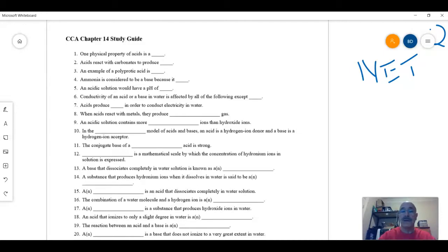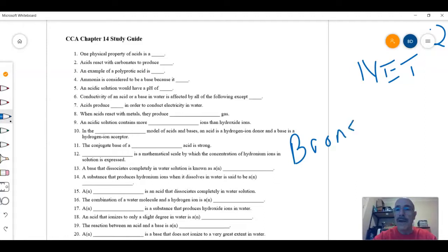Okay, let me show you how it's written. Bronsted-Lowry. You need to know that guy's name. And he's the one that came up with proton donor, proton acceptor, which is the same, by the way, as hydrogen ion acceptor and hydrogen ion donor.